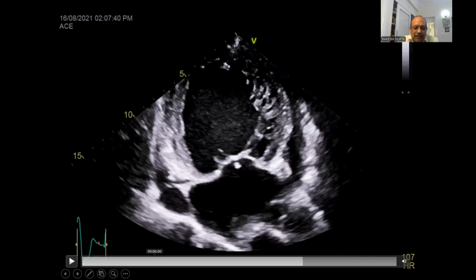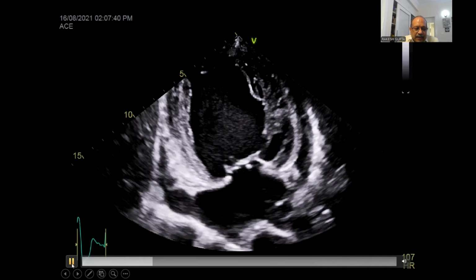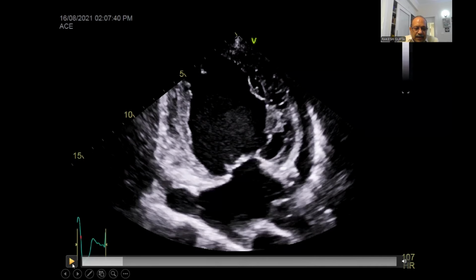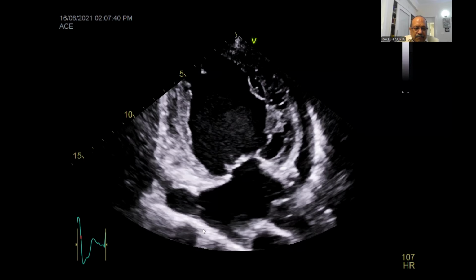So I'll go back a little bit to freeze at the level of, yeah. Now you measure this over here in early systole or beginning of systole, from this point to this point. And then you move to mid systole.